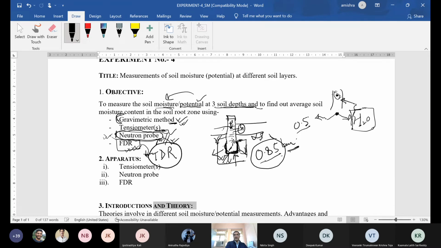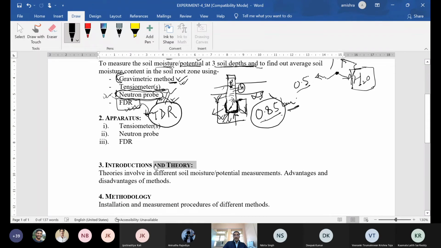You need to write the theory after learning from free sources, internet or anywhere, by your own. Then write precisely, not unnecessarily. Don't copy and paste. Collect the information, learn it, and then write the theory on your own for all these 4 or maybe 5 methods.